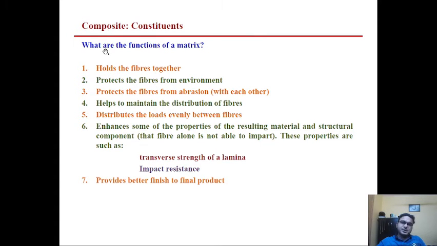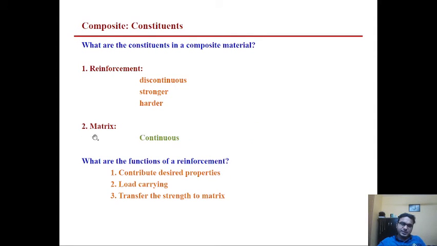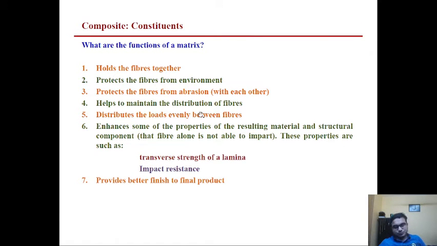Now what are the functions of a matrix? Matrix, if you recall, is a continuous constituent. It holds the fibers together and protects the fibers from the environment. It protects the fibers from abrasion, which means rubbing against each other. It helps to maintain the distribution of fibers.